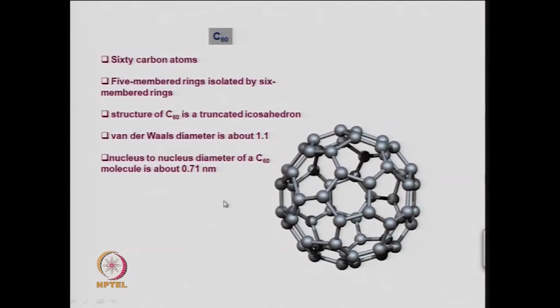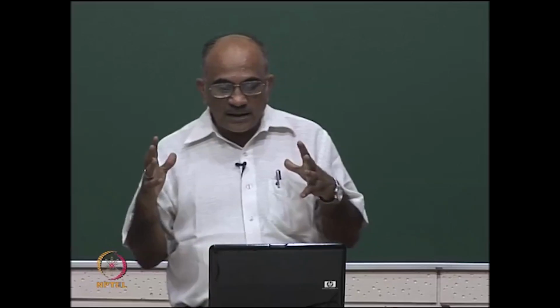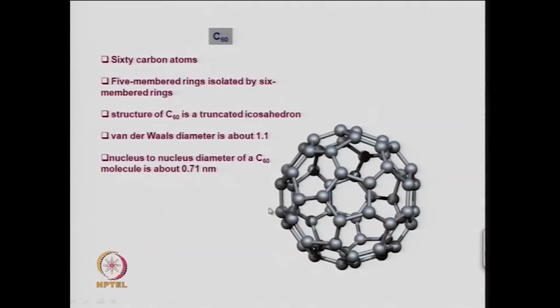The van der Waals diameter, that means the distance between the electron clouds from one end to another end, is about 1.1 nanometers. Okay. So, that is like 11 angstrom, but if you take the nucleus of the carbon here and the nucleus of the carbon there, then that distance is around 0.7 nanometers, which is much less than 1 nanometer.